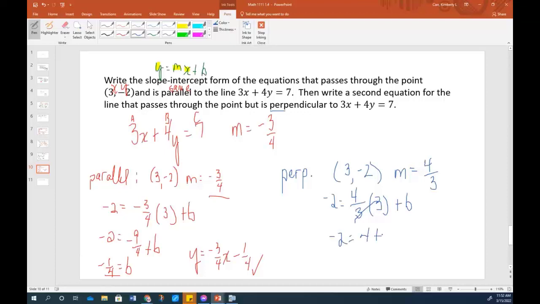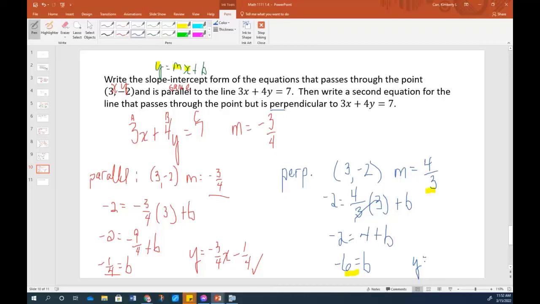So -2 equals 4 plus b. Subtract 4 from both sides, and we get b is -6. So now, again, I'm ready to use b and my slope to write my answer for this one. So my answer on this one is y equals 4/3 x minus 6.